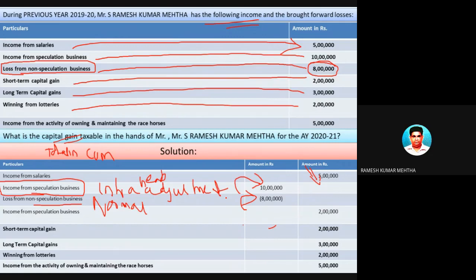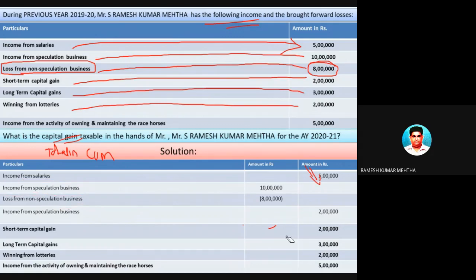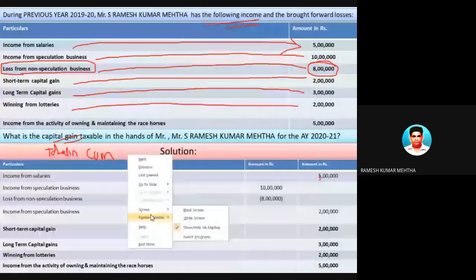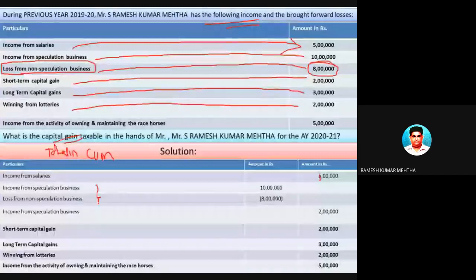Very, very important. I am repeating once again for the purpose of understanding, these are very important rules. The first rule says that as far as business is concerned, speculative business loss can be set off against speculative business gains only, and you should not look for other things.